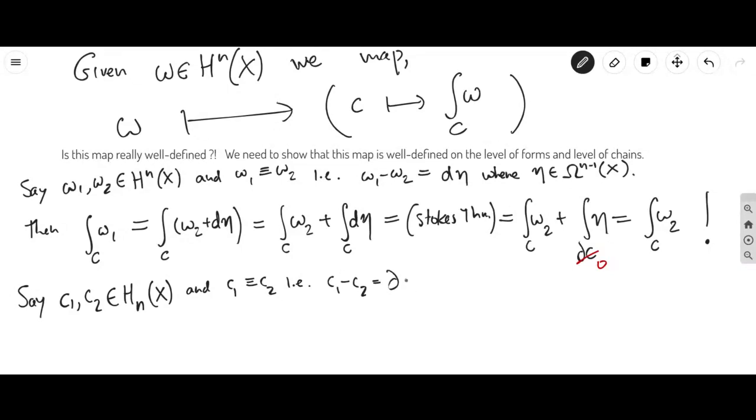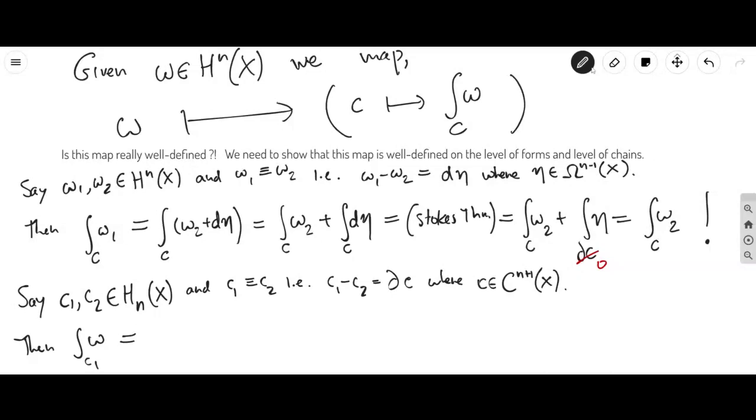It's the boundary of, let's say, C, where C is a chain of degree n plus 1. Then the integral of omega over C1. So now you have to show that if you integrate omega over C1 and you integrate omega over C2, regardless of what representative you pick, you end up getting the same thing.